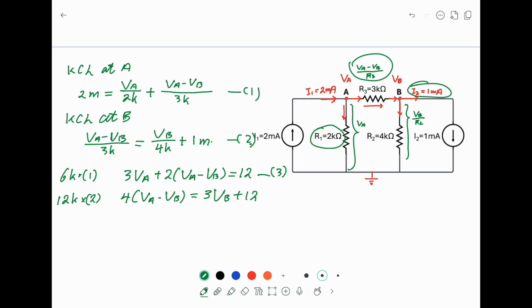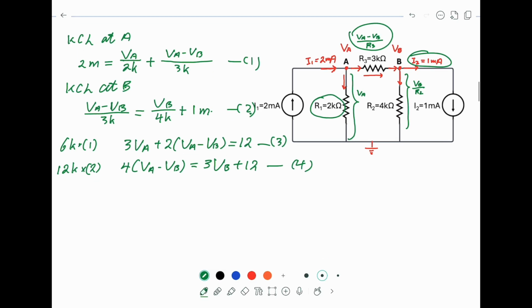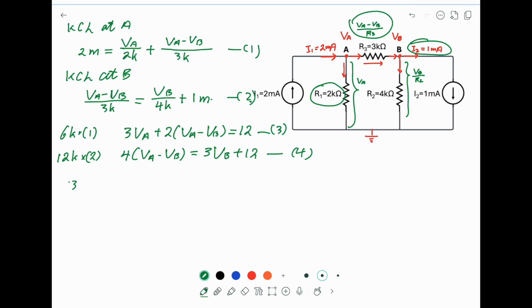And I will get 4. So I will further simplify 3 and 4. Number 3, you will get 5VA minus 2VB, and this is equal to 12. This is 5.